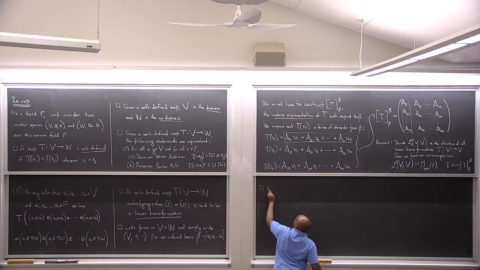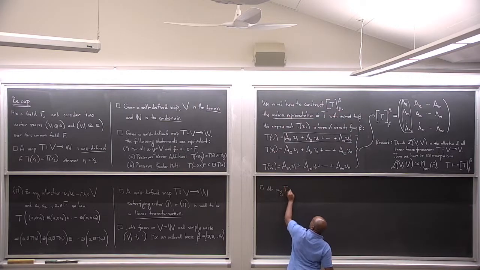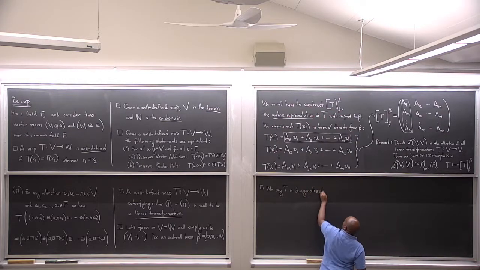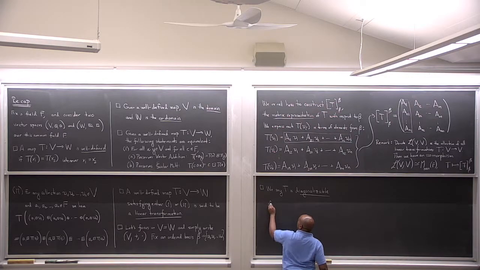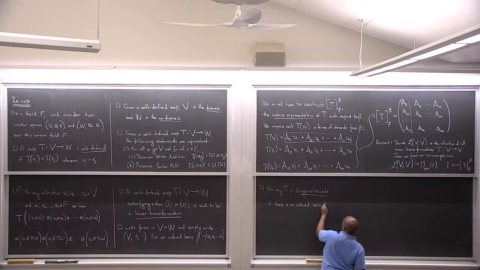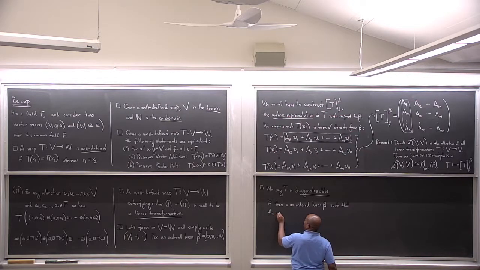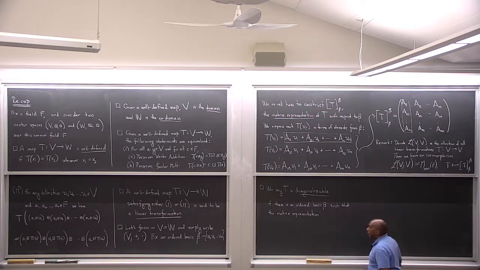We say that T is diagonalizable if there is an ordered basis beta such that the matrix representation is a diagonal matrix.